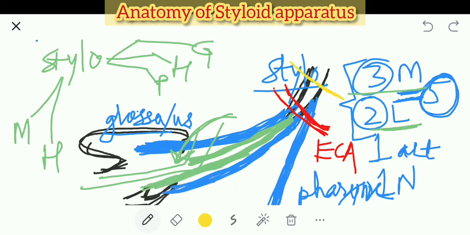Then you have the facial nerve. This is the simple pictorial representation of today's diagram.